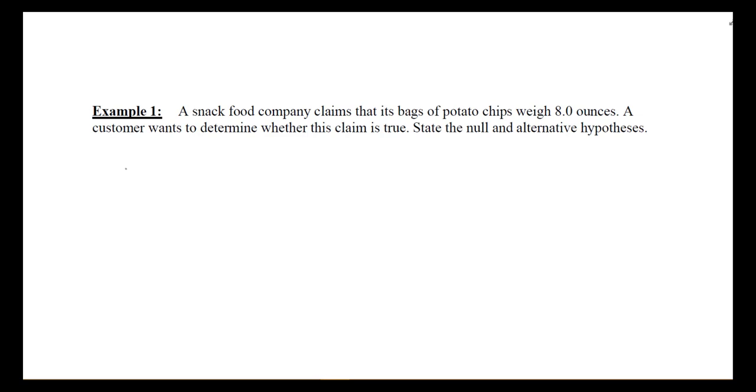Okay, so our null hypothesis and our alternative hypothesis. So for the null, I'm going to call that H0, and for the alternative, I'll call it H1, or else you could call it HA.